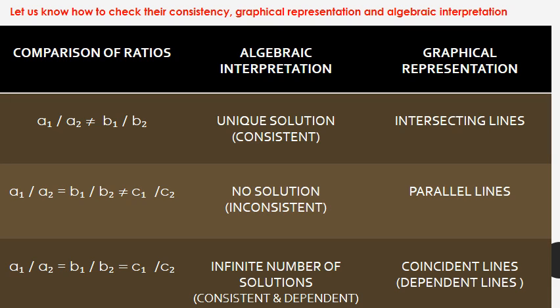Third one, if a1 by a2 is equal to b1 by b2 is equal to c1 by c2, then the equations are said to be consistent and dependent, and they have infinite number of solutions, and the lines represented by the equations are coincident lines.